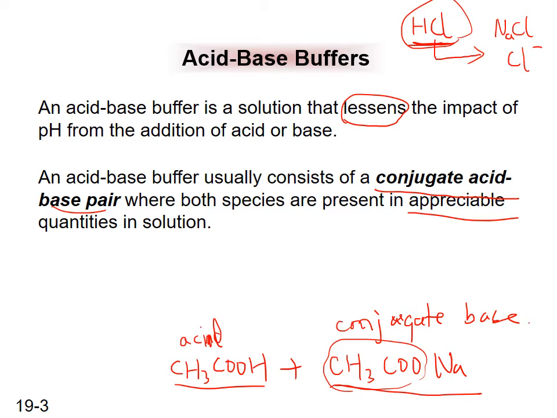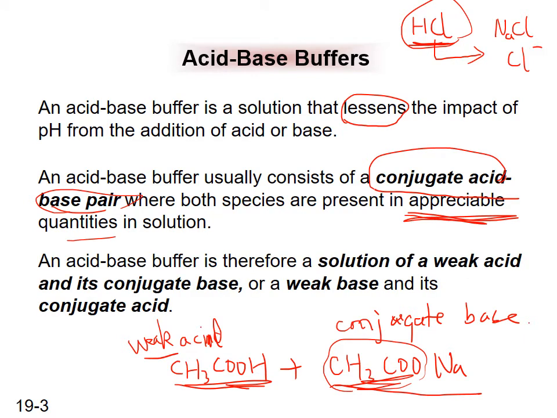Therefore, in order to have an appreciable quantity of conjugate acid and base together, we have to use a weak acid. Okay, a weak acid and its conjugate base have equilibrium. So an acid-base buffer must be a solution of a weak acid and its conjugate base, or a weak base and its conjugate acid.